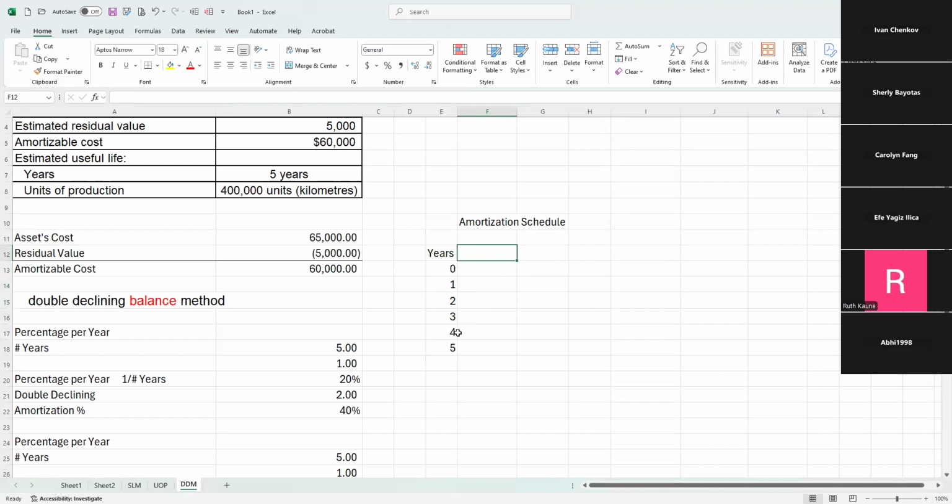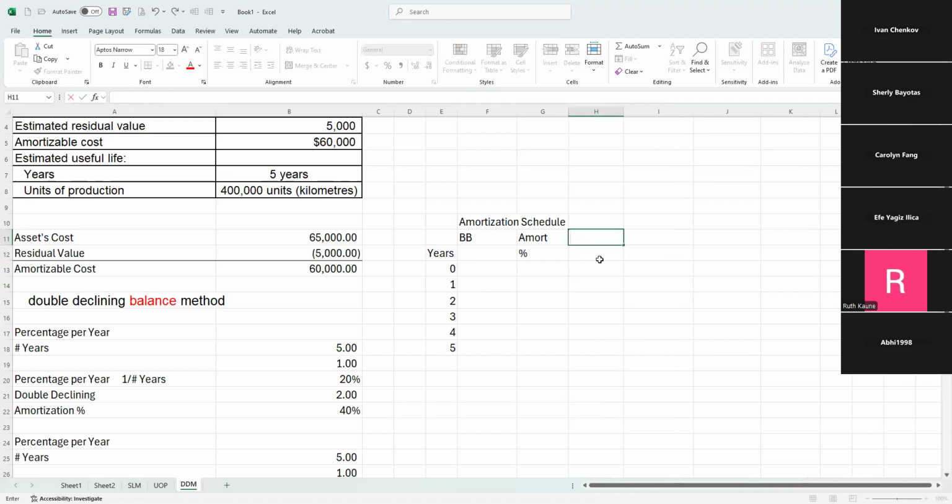Then we're going to have here beginning balance. Then we're going to have amortization percentage. Then we're going to have amortization for the period.